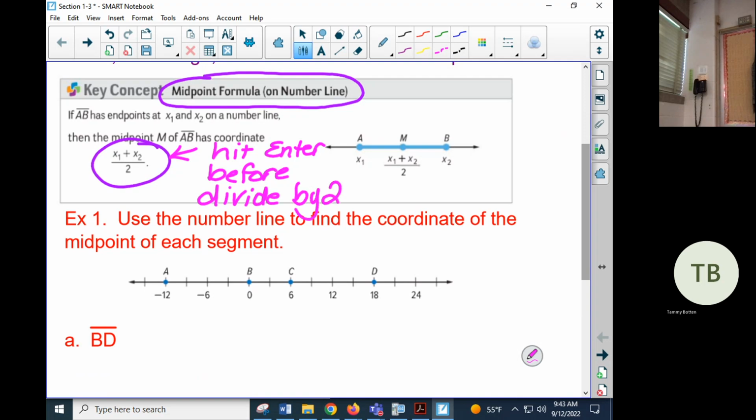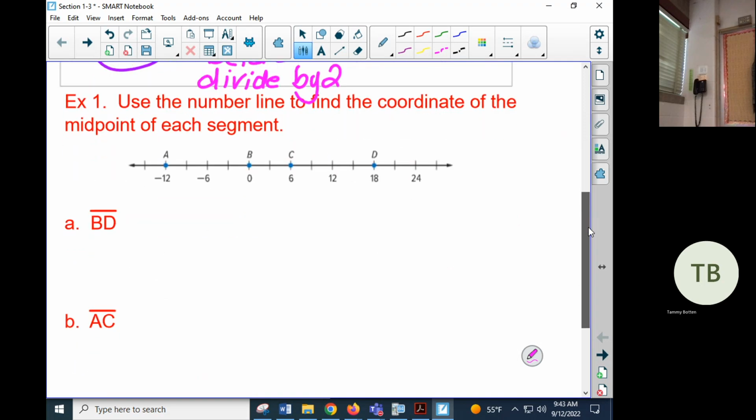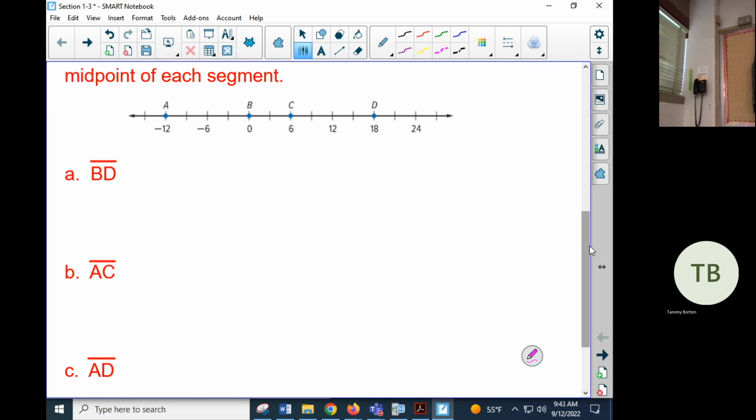So when you're doing midpoint, and I'll just kind of show you down here as we look, if they want the midpoint between B and D, this one looks like they're counting by 3s. And in this one, you could do it in your head, right? What's the middle between 0 and 18? 9, right?